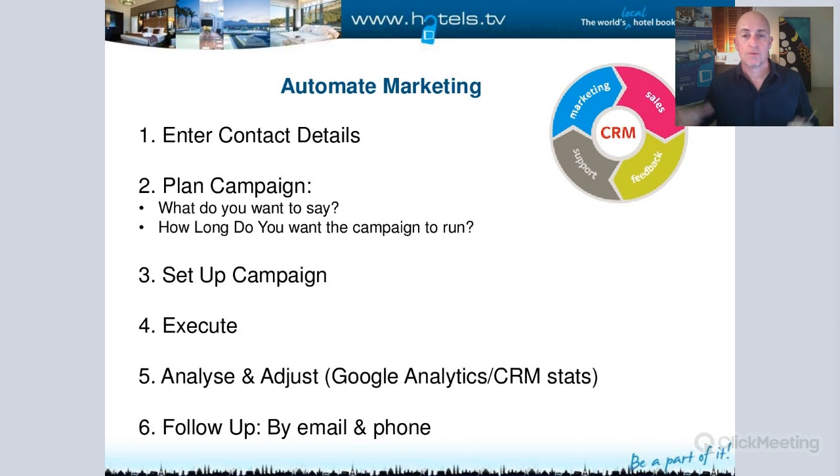Sometimes these people don't just come back to you. You need to pick up the phone or follow up with another email perhaps, but pick up the phone more importantly and just talk to these people. Say, hey, I sent you an email campaign. Did you receive it? What's another reason why we have to do that? Junk mail, spam folders. You have to check, because what if they're not getting the first campaign?